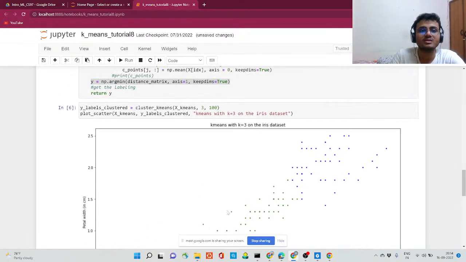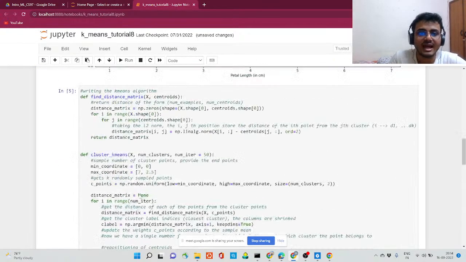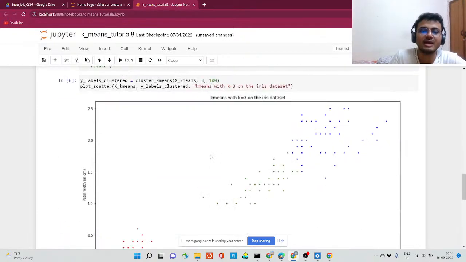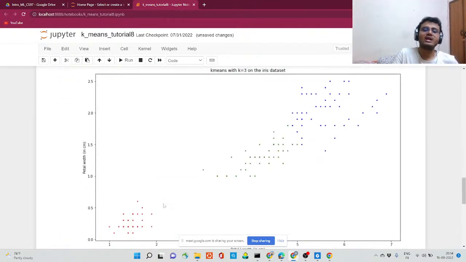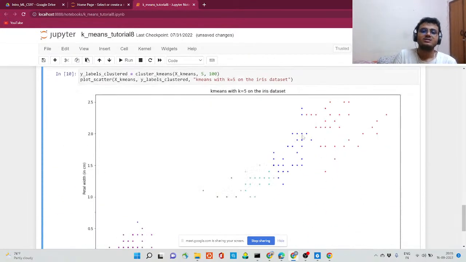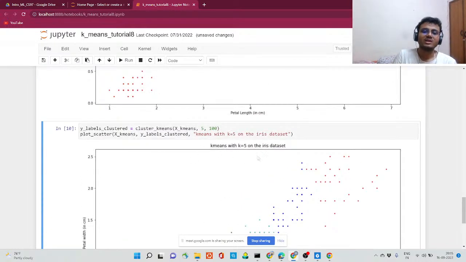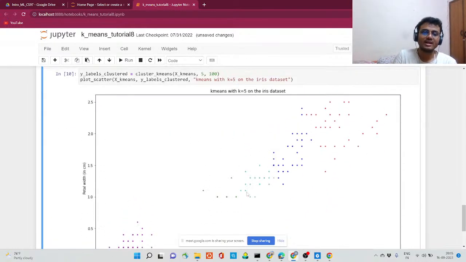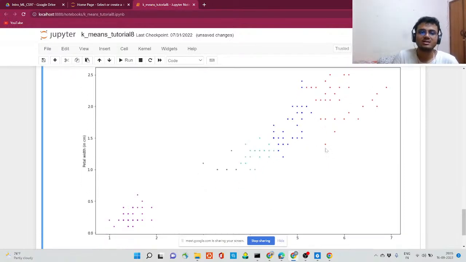So now you see, as we had here, the k-means algorithm is doing pretty well to find out that this is a cluster, this is a cluster, and this is a cluster, given k equal to 3. And now I did the experiment for k equal to 5 as well. You see, here you find a cluster, here you find a cluster, here you find a cluster, and here you find a cluster.